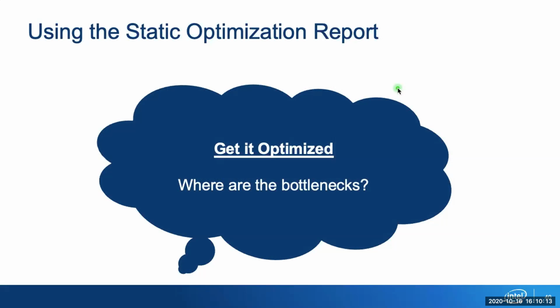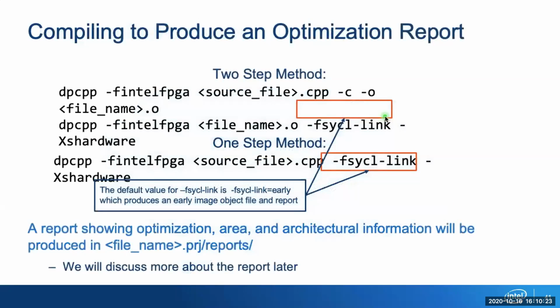And now we need to optimize and look for bottlenecks, etc. This is done by compiling with some other parameters. Basically, this -fsycl-link option will generate the report.